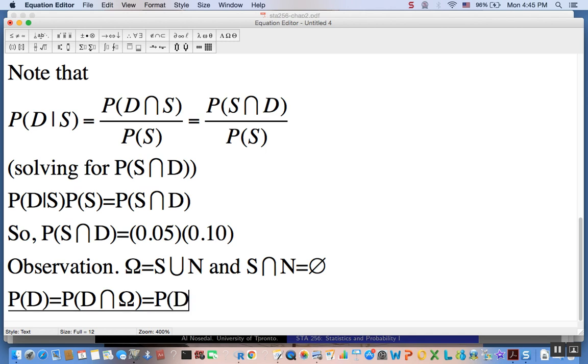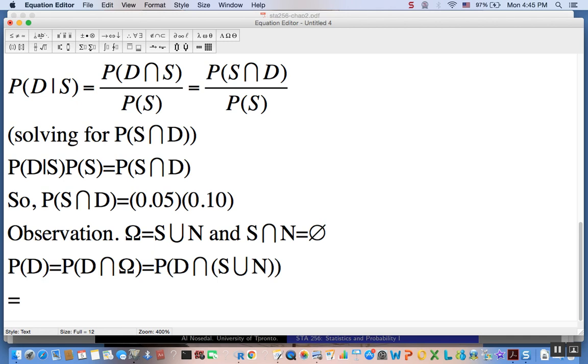On the other hand, we said that we could re-express the entire sample space in terms of those two events, being a smoker or a non-smoker. So D intersect S union N, using distributive properties of union and intersection. Let me write this down.